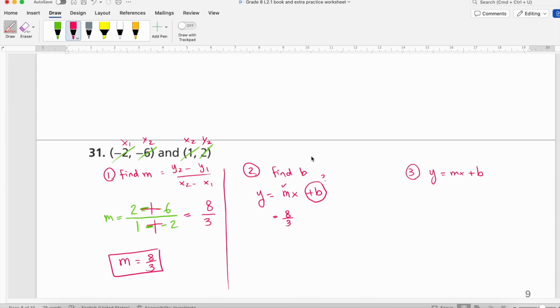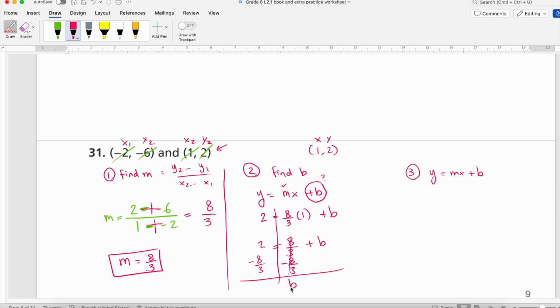I'm going to choose x and y to be 1 and 2, which is this first point. This is my x and y. I can choose the other one, but I want to choose the simple one. So y is 2, x is 1, plus b. Then solve the equation, find b. 8 over 3 times 1 is 8 over 3, equals 2 plus b. Just subtract 8 over 3 on both sides.